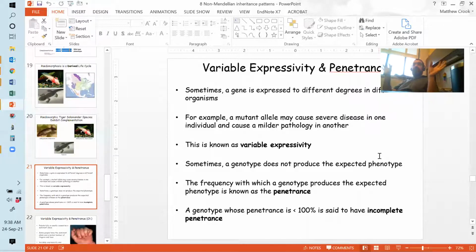And that's called penetrance. How thoroughly the mutant phenotype penetrates the population is one way of thinking about it. If some individuals do not display that phenotype, then it's said to have incomplete penetrance.